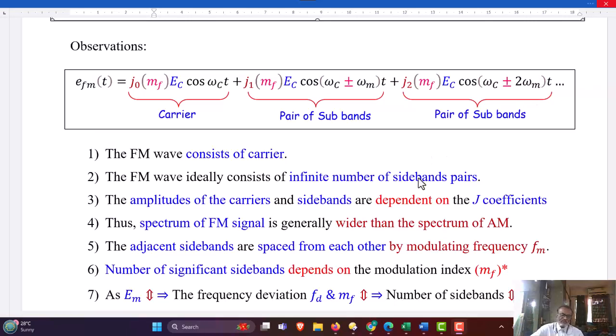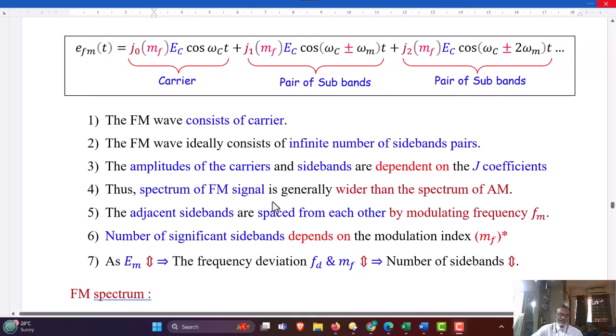So it gives an infinite number of sidebands. The amplitude of the carrier signal remains constant and the amplitude of the modulated subband depends on the coefficient of a Bessel function called J function.